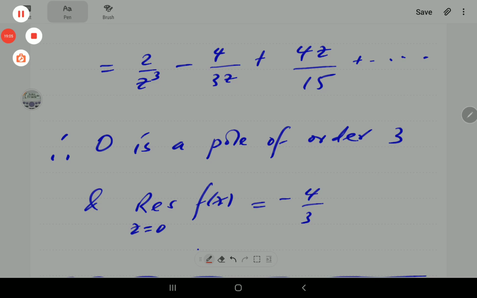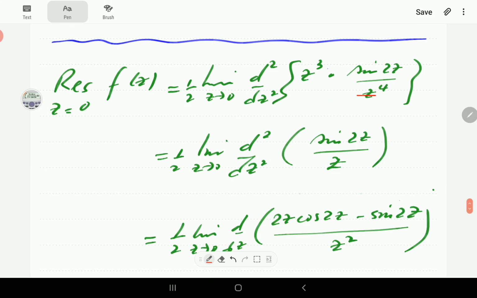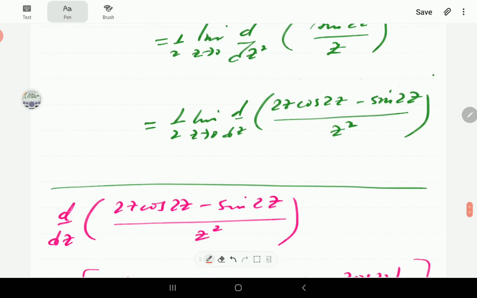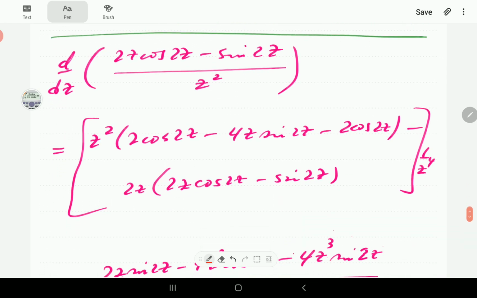Now, just in case we had decided to go the route of finding it using the formula, we're just going to show you how involved it was going to get. So that's the first step, that's the second step. Then we need to do the two derivatives here. There is the first order derivative. Then for the second order derivative, this is what the numerator is going to look like.